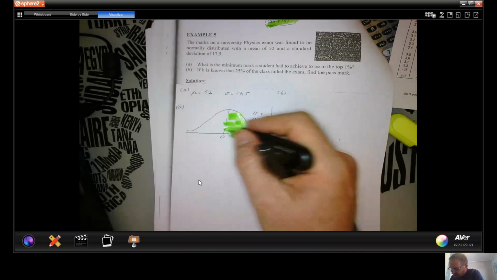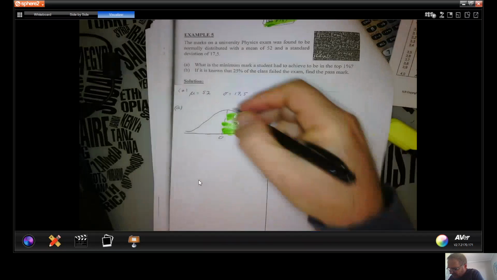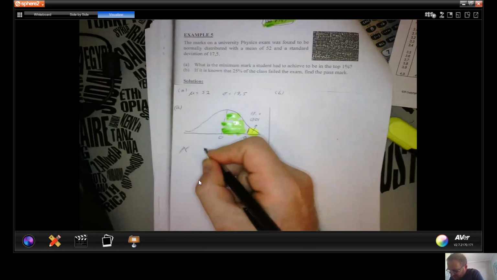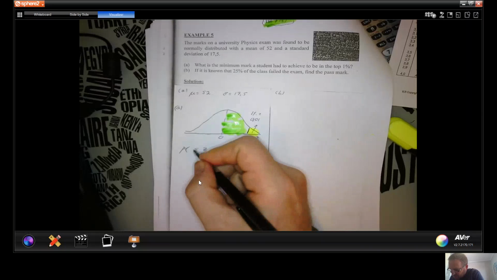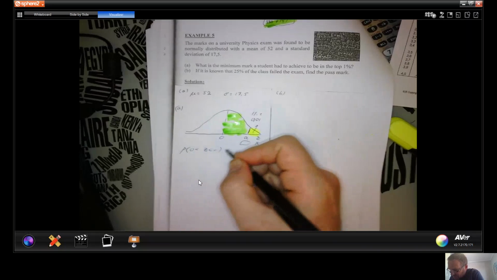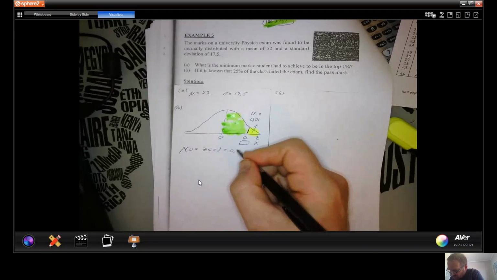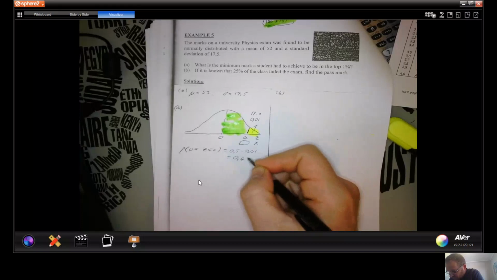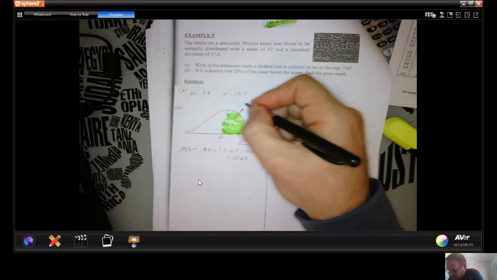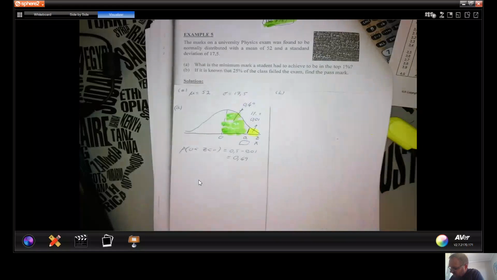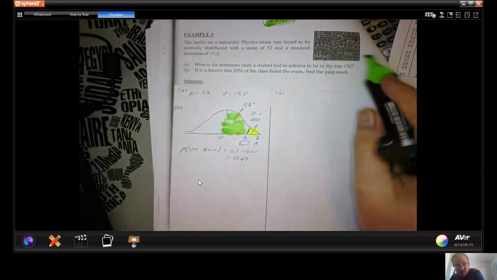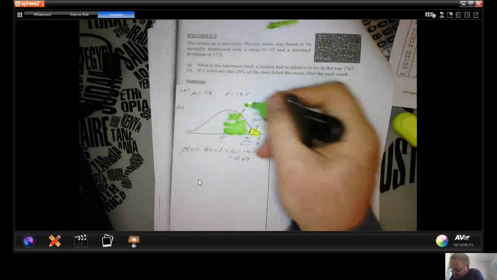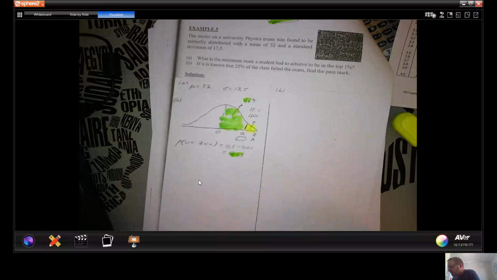This whole thing is 0.5, so we want the green area, the probability that Z is between 0 and A, to be 0.5 minus 0.01, which is 0.49. So we're going to look up an area of 0.49 on our table.